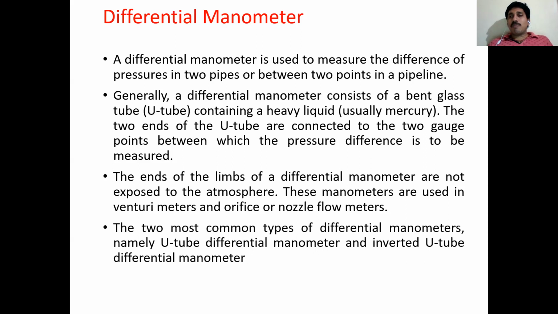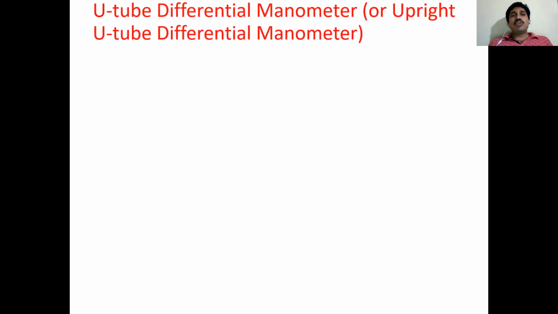One is the upright differential manometer, also called the U tube differential manometer, and the second one is the inverted U tube differential manometer. First of all, in this class, I discuss the upright or U tube differential manometer, and we'll do one problem also on this one.